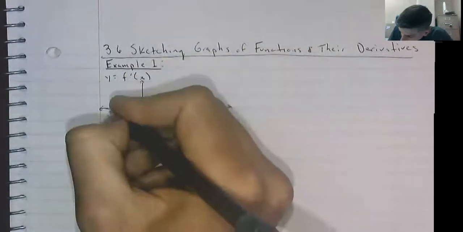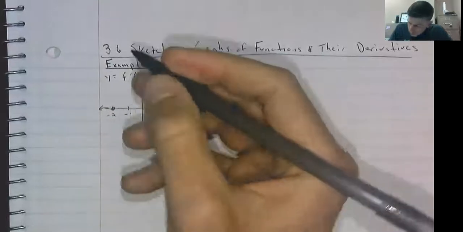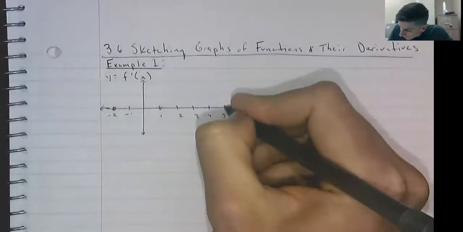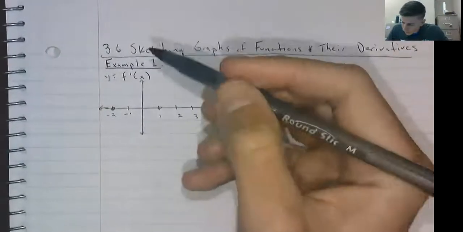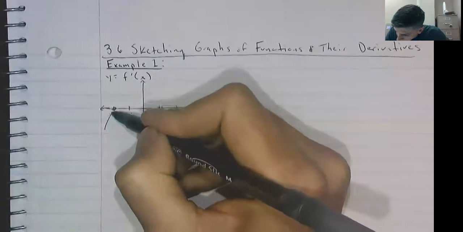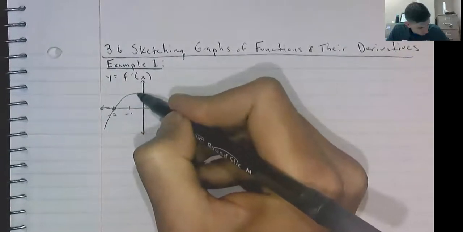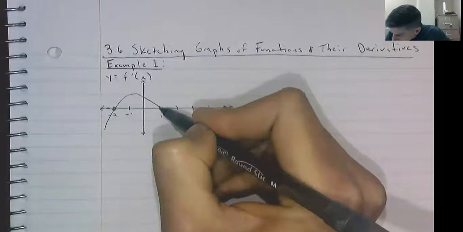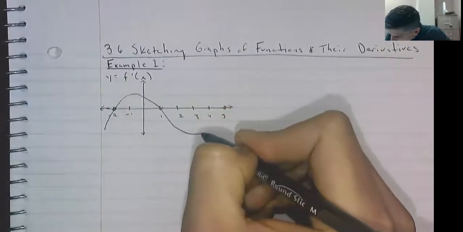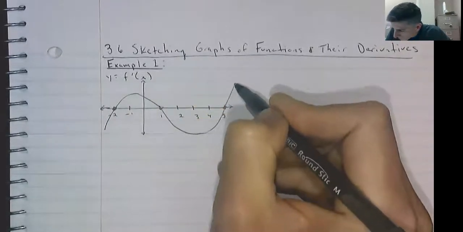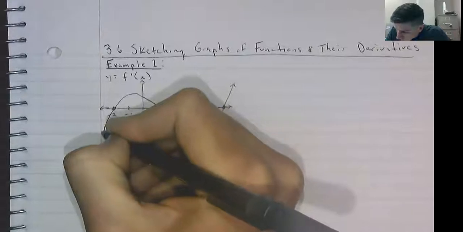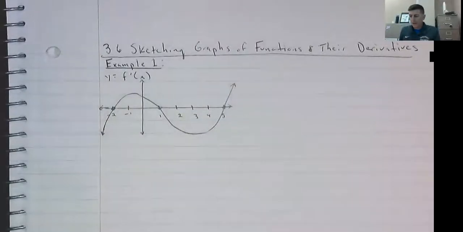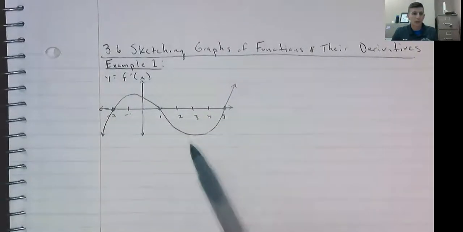The zeros of the derivative were at -2, 1, and 5, and it looked kind of like that. Okay. And in 3.4, this was all we had.